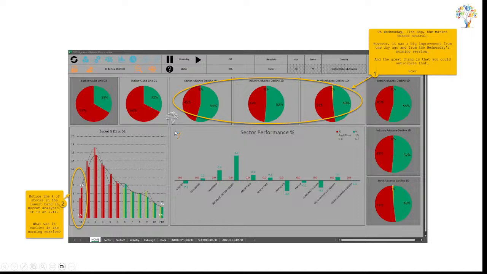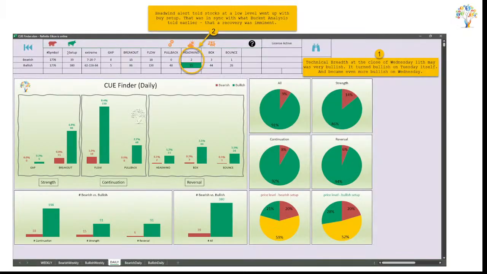I go back to the previous slide. On Wednesday at the close, same day, only 7.4% of stocks remain below lower Bollinger Band. Huge improvement from more than 30% to just 7.4%. And though the sector industry stock breadth was still neutral, that huge improvement showed that the market was starting to go up.